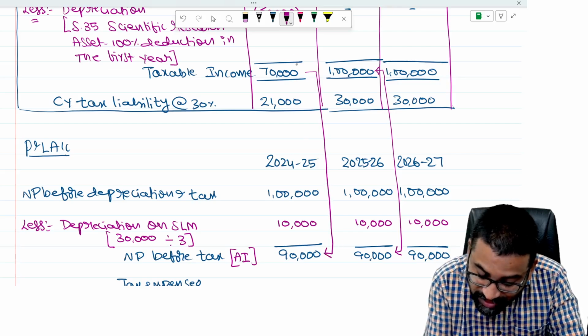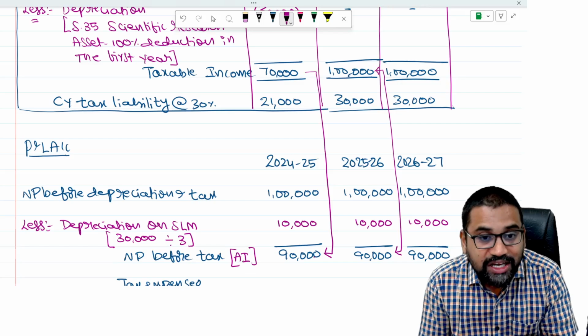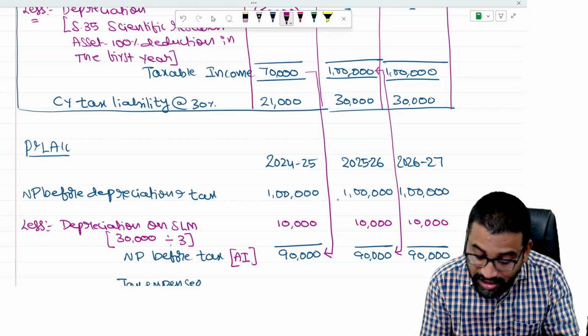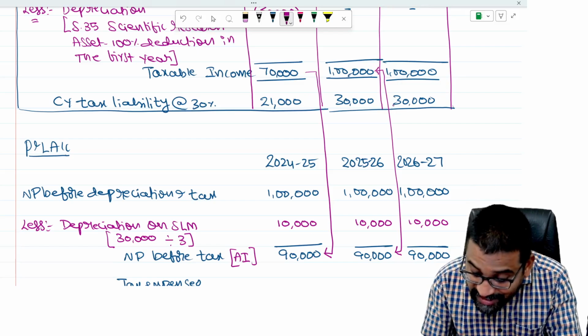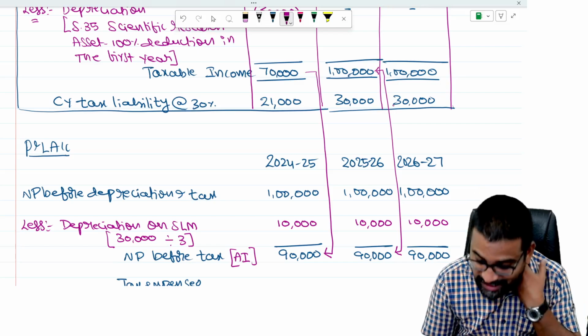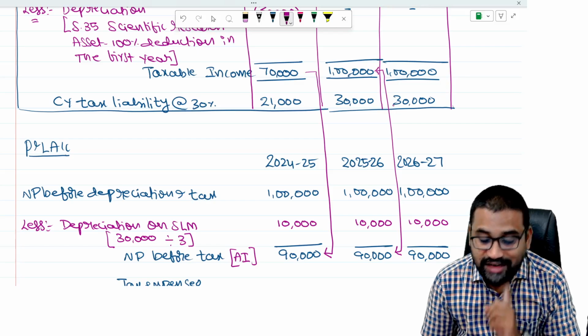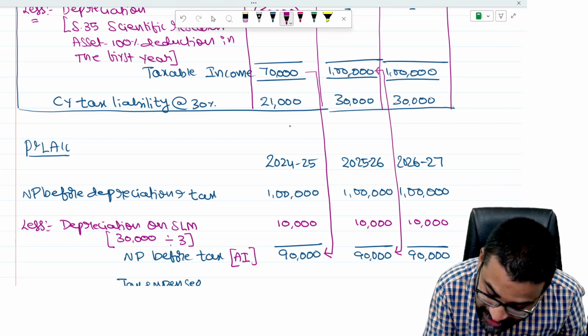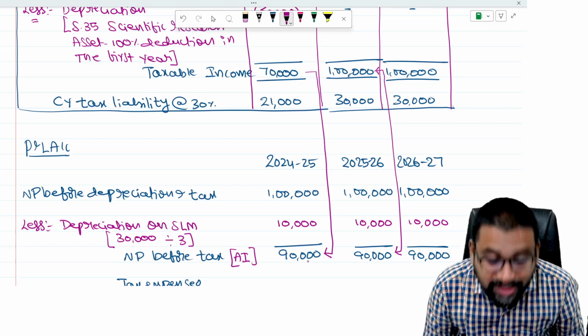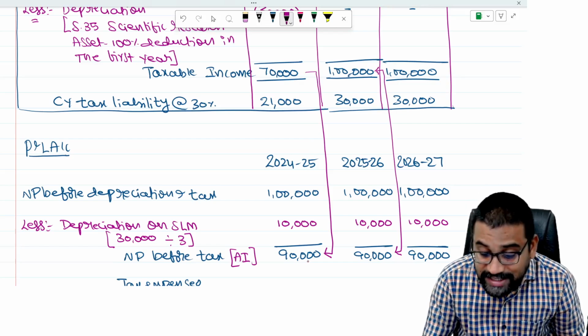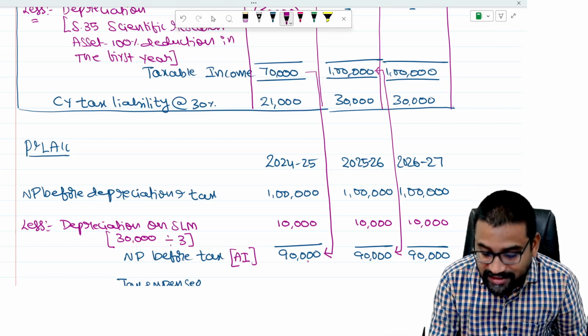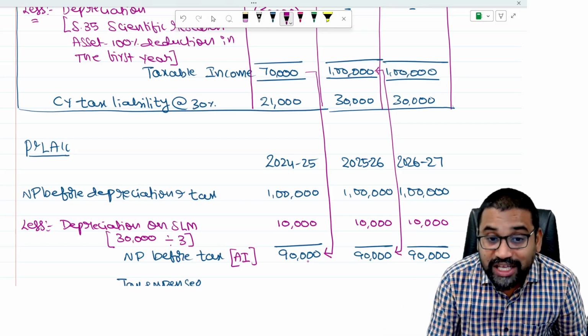First year, your taxable income is less than accounting income by 20,000. Now out of this 20,000, next year there is a reversal of 10,000. Next year your taxable income is more than accounting income by 10,000.